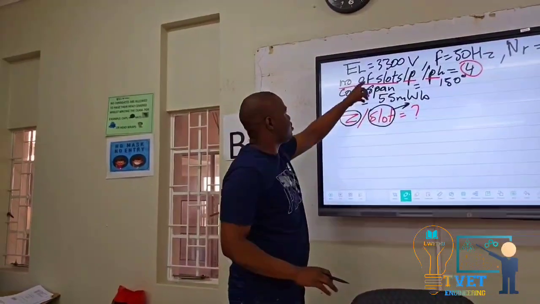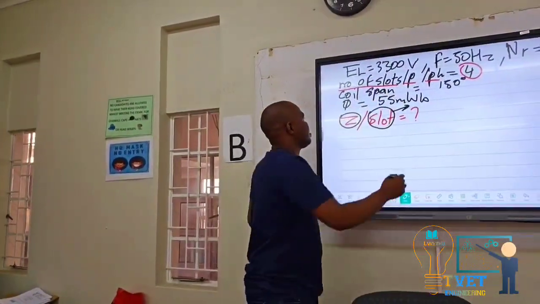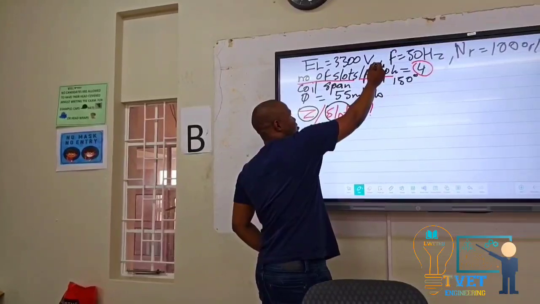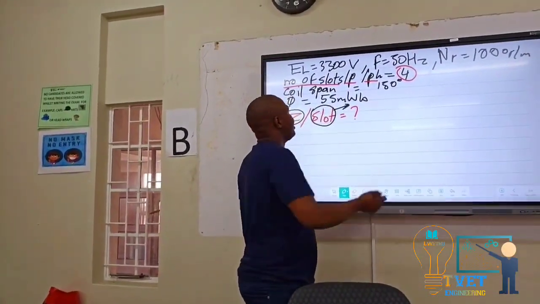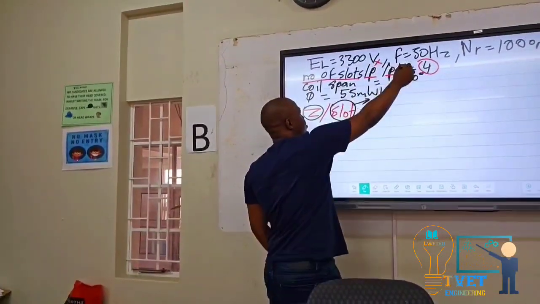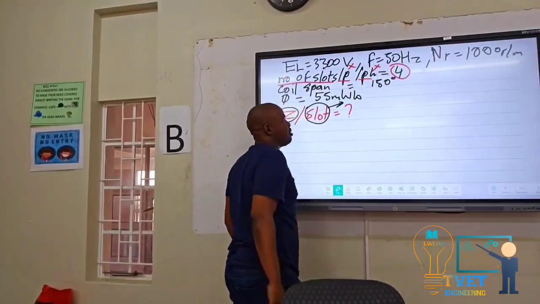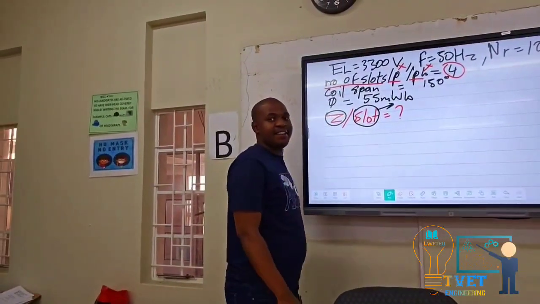That means if I want to find the number of slots, I must multiply to cancel out division. Per means division. I must multiply by the number of poles, then multiply by the number of phases.